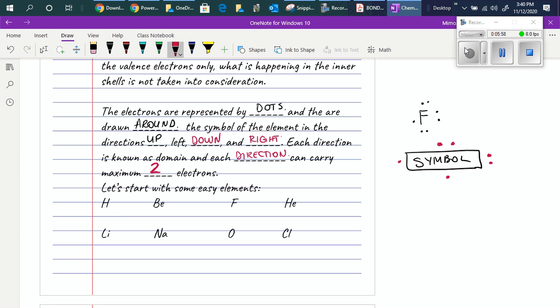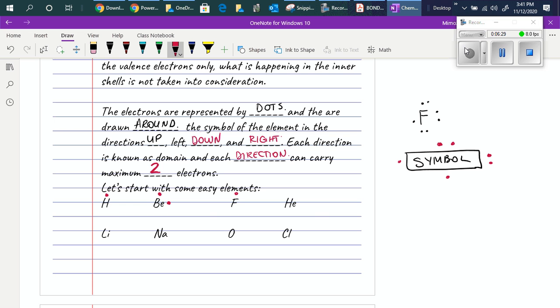So let's start by drawing the Lewis dot diagram of those elements. The first one is hydrogen. Hydrogen has 1 valence electron, so we just draw it with 1 electron. Beryllium has 2. And how do we know that it has 2? Because it is on group 2. Fluorine on the other side has 7.